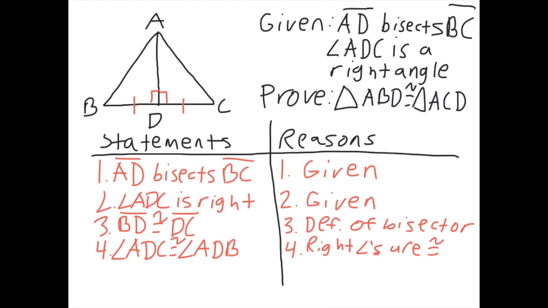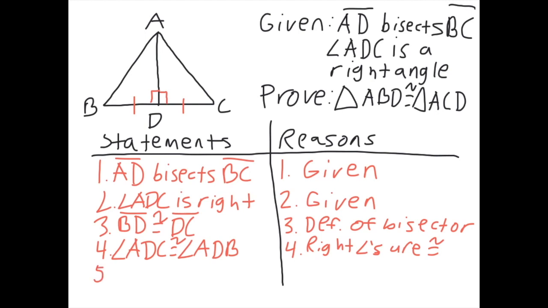Now, so we've got a set of sides congruent, we have a set of angles congruent, we need one more thing to be congruent. Well, notice that in these two triangles, they both share this side. So this side is congruent to itself.